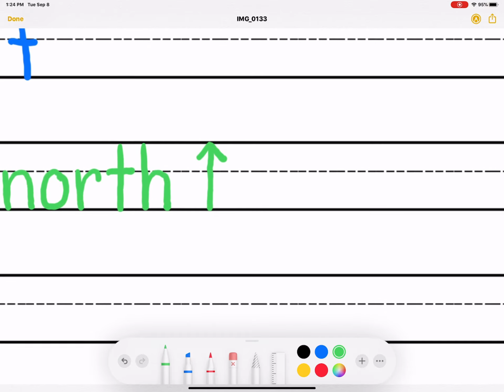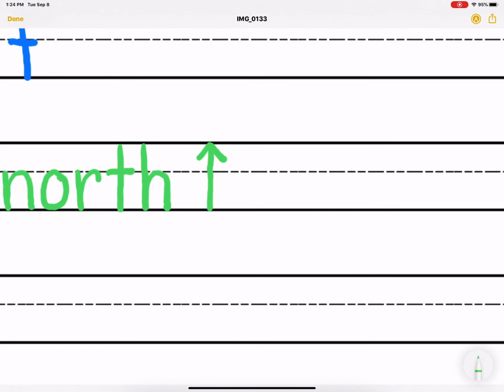Then we have south. This word also ends with a TH, just like north. South. And south on a map, when you're looking at it, is the bottom part of the map. You look down. So we have north and south.